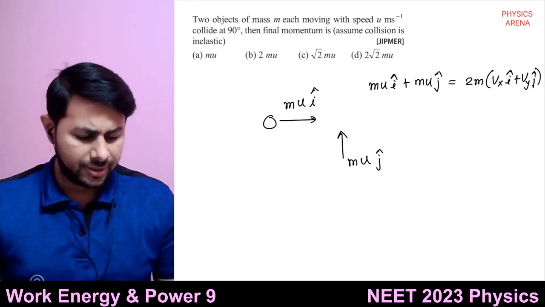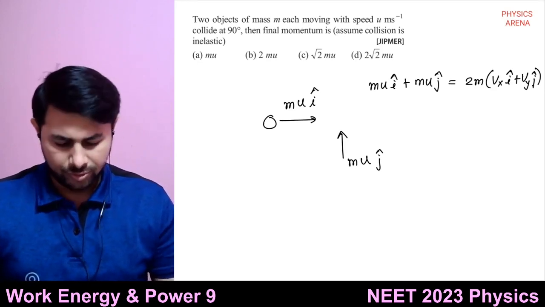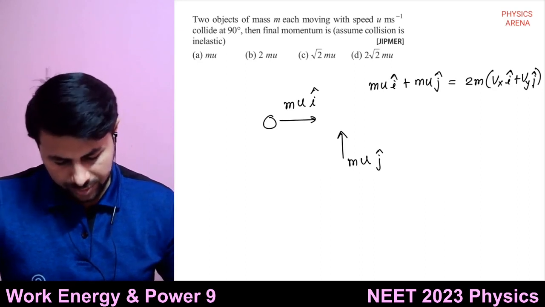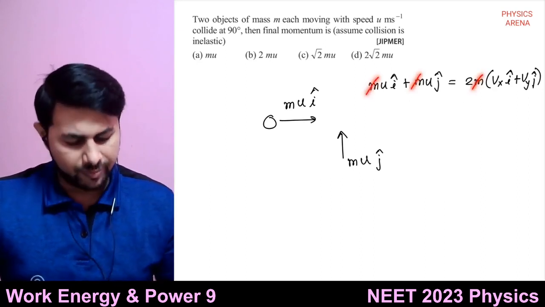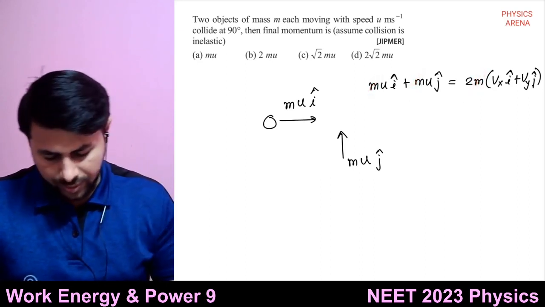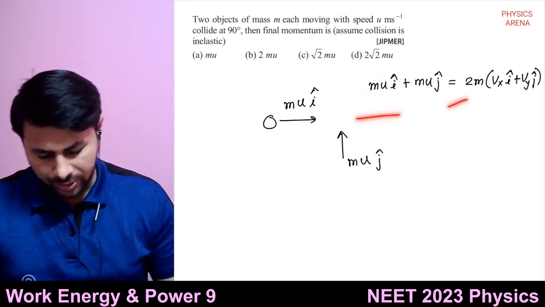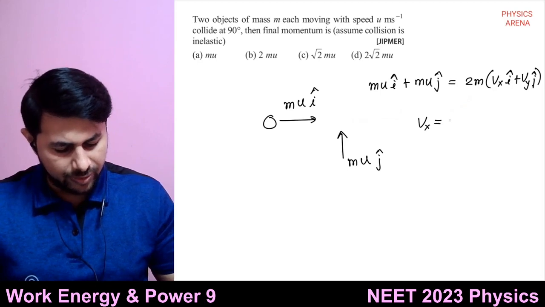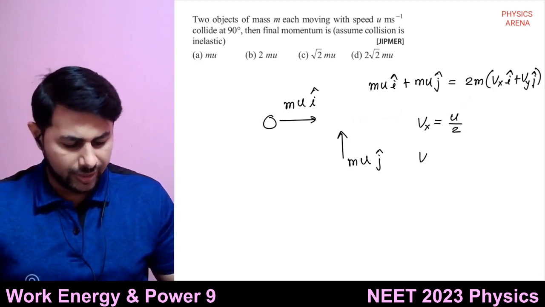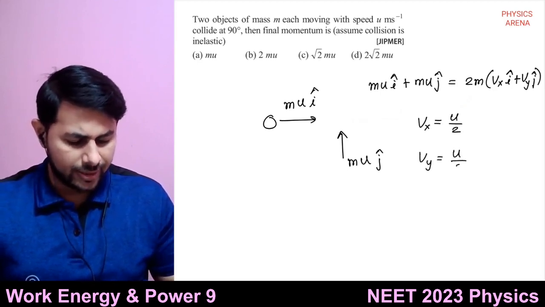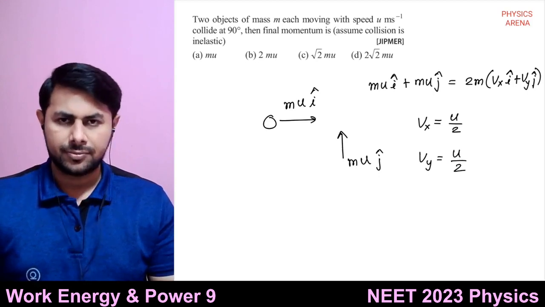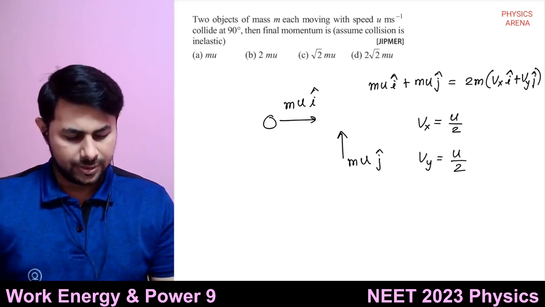We have to find that Vx and Vy. So this m gets cancelled out, and you can move 2 on the left hand side. So you get Vx is equal to u by 2, Vy is also equal to u by 2, right?